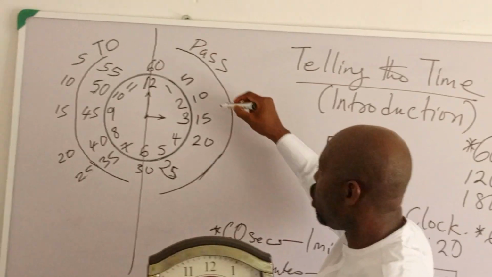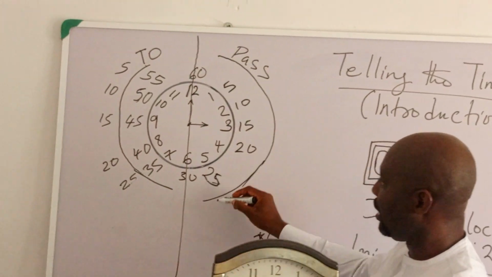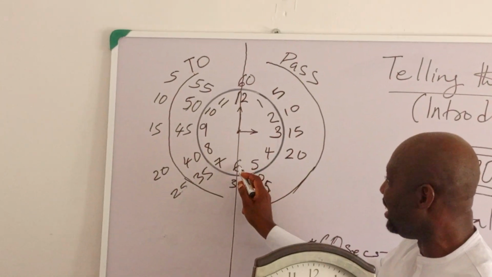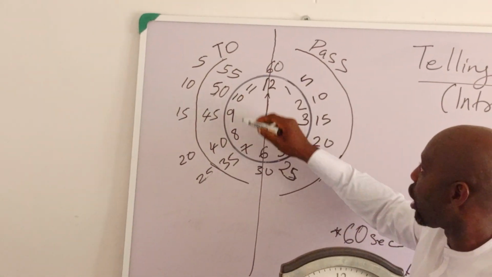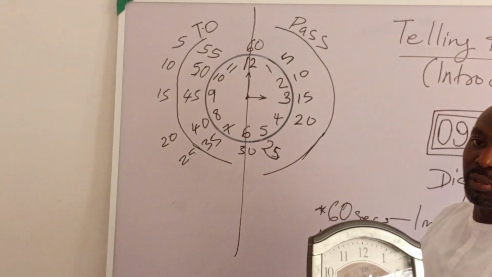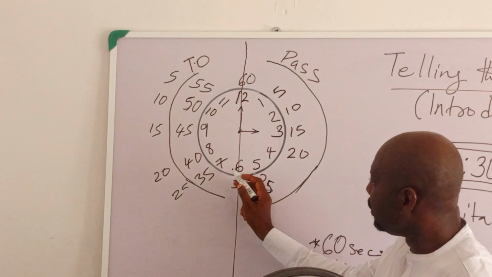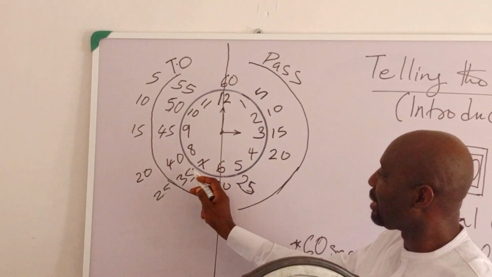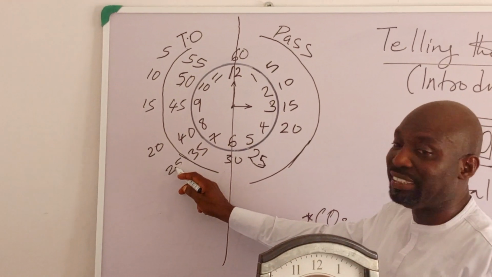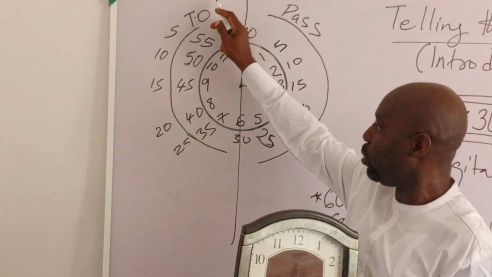This side is called what? We use past. Then after this middle, this 6 or 30 minutes, the moment you pass 6, we now talk about what? To. So here it's not 35 minutes past, but 25 minutes to.